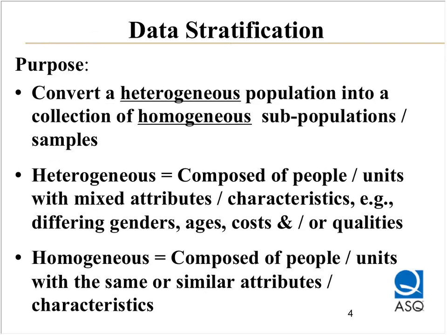When we speak of heterogeneous, what we're talking about is groups that are composed of people or units with mixed attributes or characteristics. For example, differing genders, ages, costs, and or qualities, as opposed to homogeneous, which is composed of people or units with the same or similar attributes or characteristics.